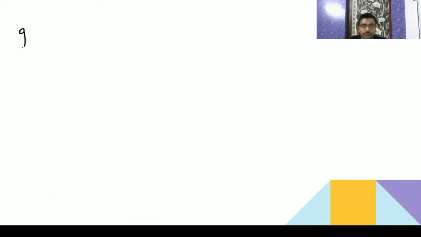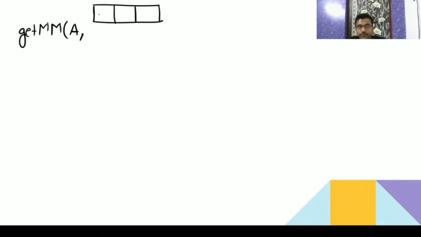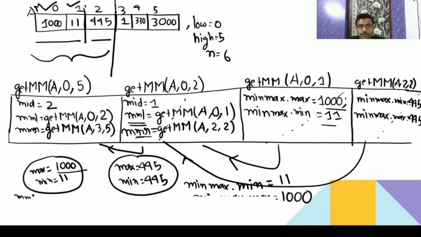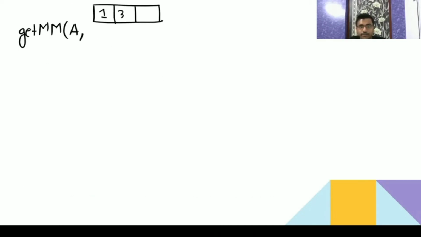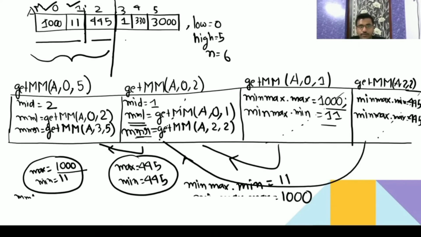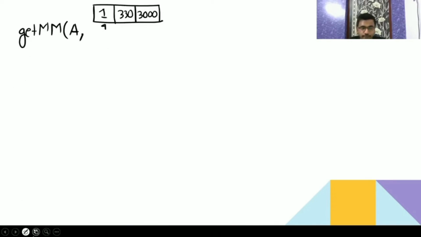So now I am doing get min max. The right hand side array has 11, 330, 330, 3000, and its indexes are 3, 4, 5. It's a very important question.